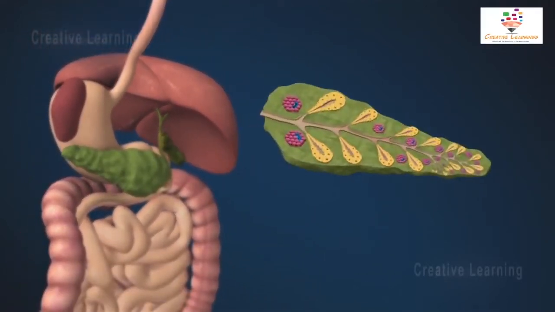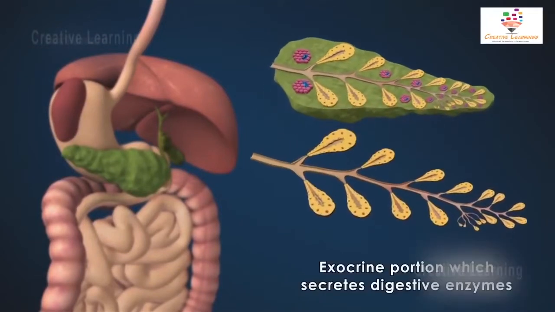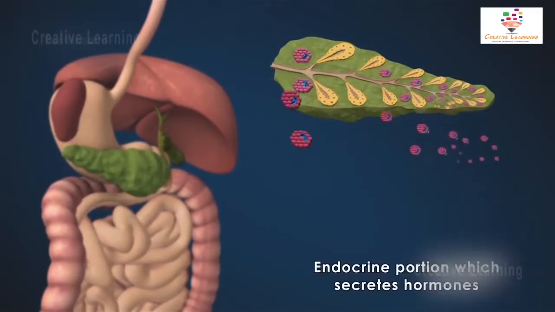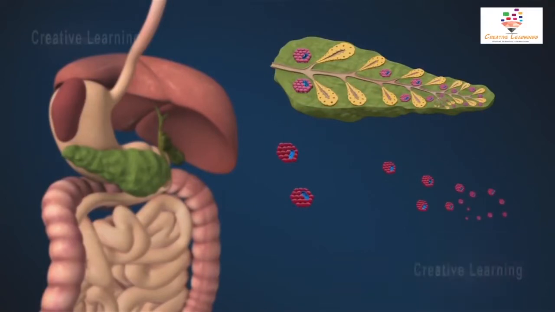The pancreas is composed of two types of tissues: the exocrine portion, which secretes digestive enzymes, and the endocrine portion, which secretes hormones.